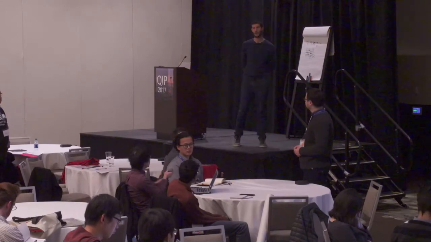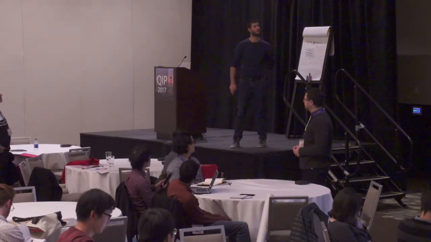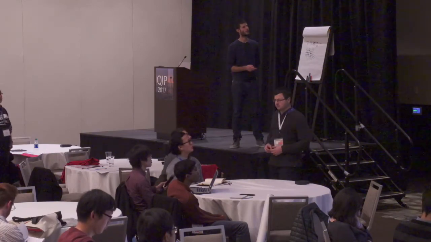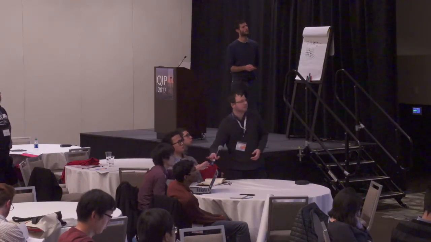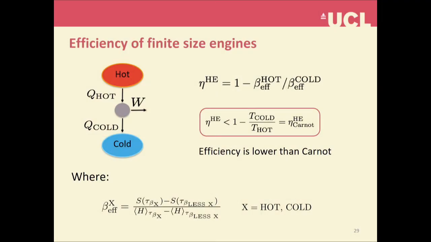Yeah, I got it. So essentially, I didn't show it. Let me check if I have some slides. Okay. So the efficiency that we get is given by 1 minus this effective temperature for the hot reservoir and this cold temperature.